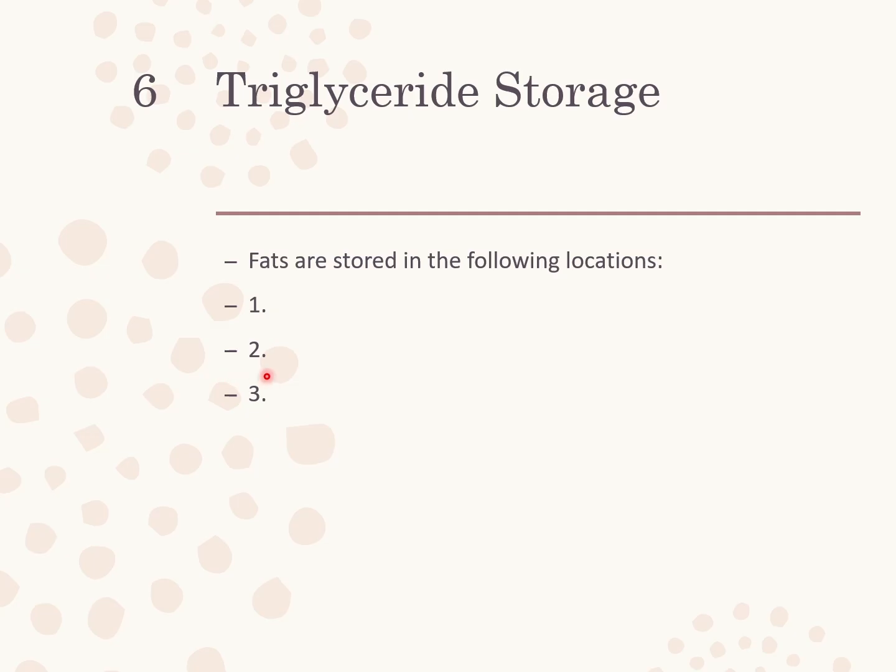And number three, the last location for fat storage is in the skeletal muscle or between the muscle cells. Again, I have a weird example of how we know this to be true. If you think about consuming chicken, you have your dark meat and your white meat. The white meat comes from the breast of the chicken.